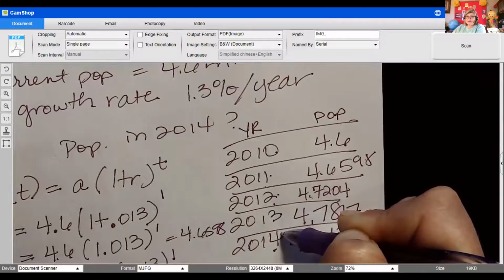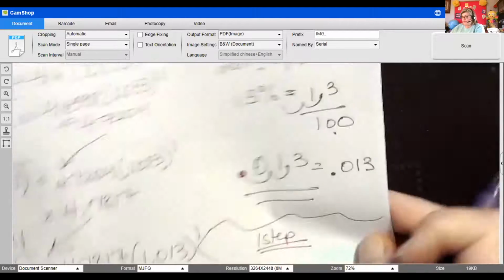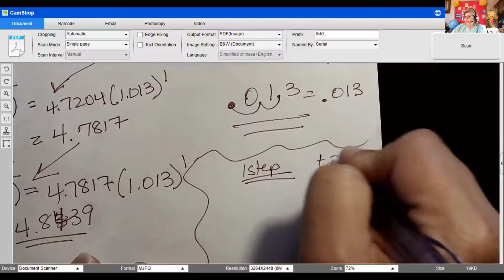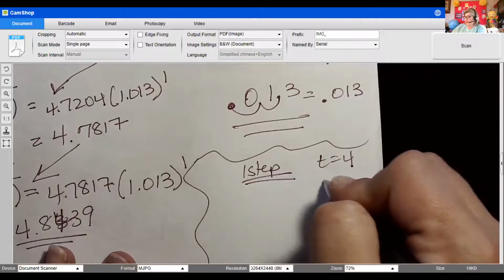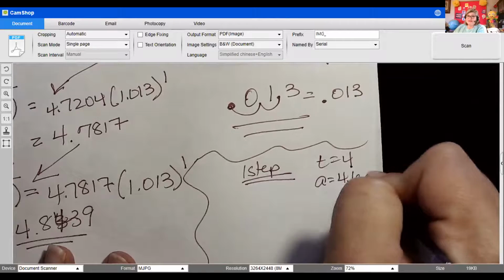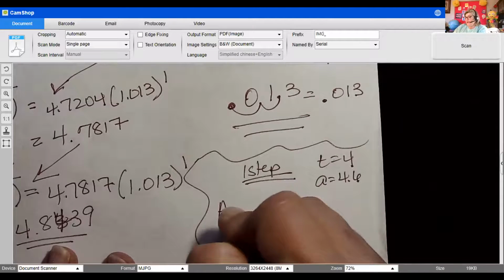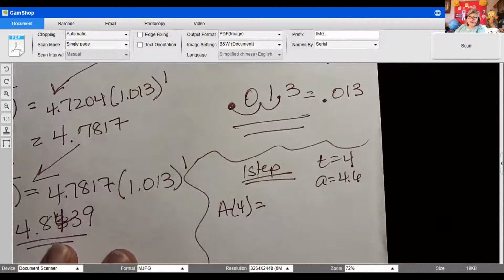So with that being said, we know that our T is equal to 4. Our A is where we start in 2010, 4.6 million.